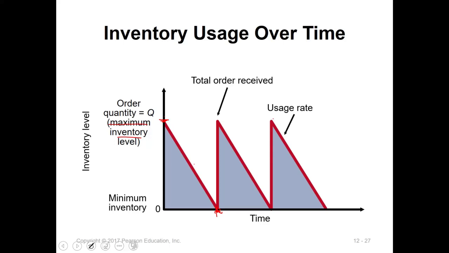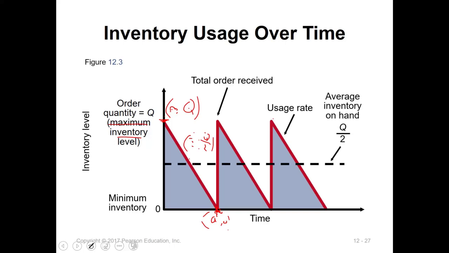Consider this linear line here: at this point, x equals a, y equals 0, and at this point, x equals 0 and y equals Q. So the midpoint is a divided by 2 and Q divided by 2. From this inventory usage over time, we can find out what the average level is.